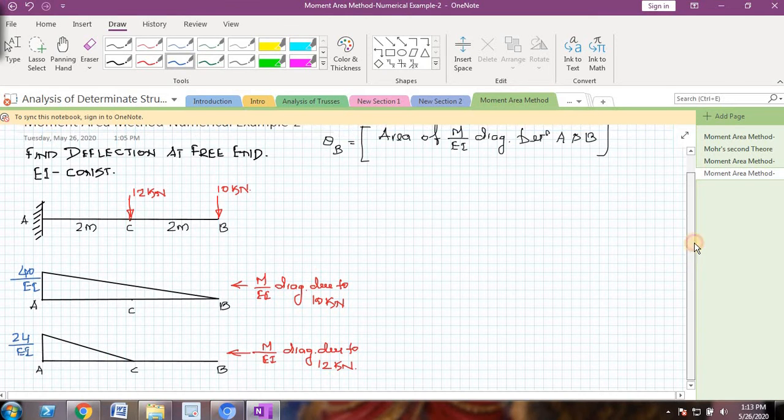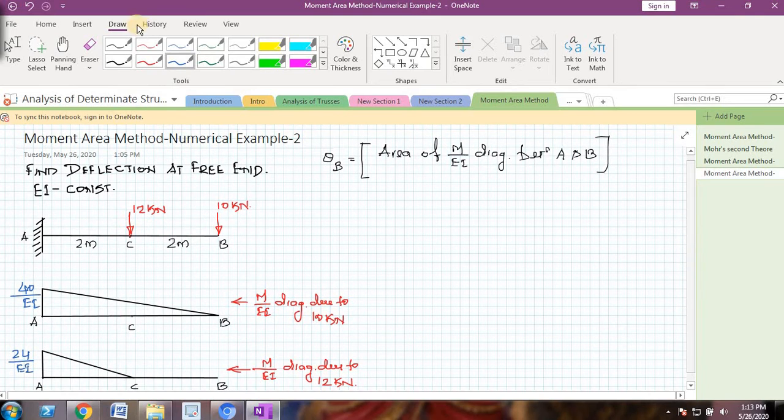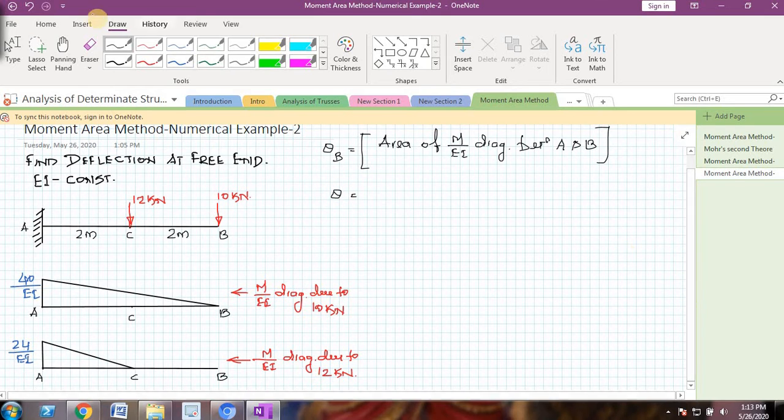Now coming back to my equation to find the slope, theta B. Let me write this as A1, that is area 1, and this as A2. In my case theta B will be A1 plus A2, that is the superposition of both the M by EI diagrams.